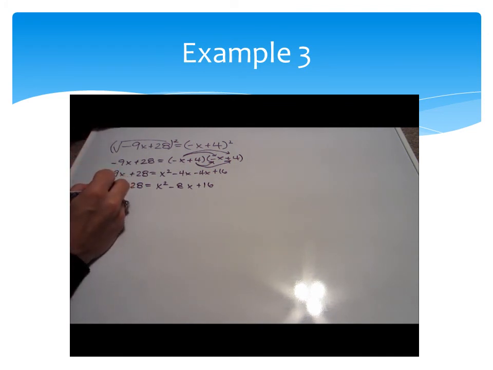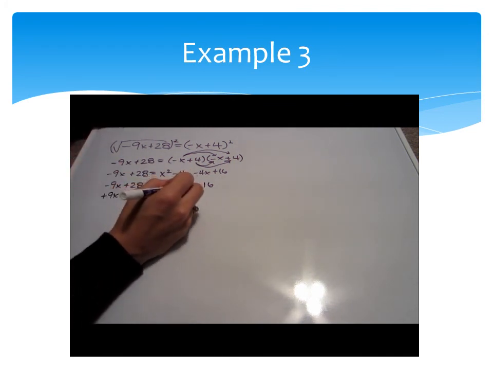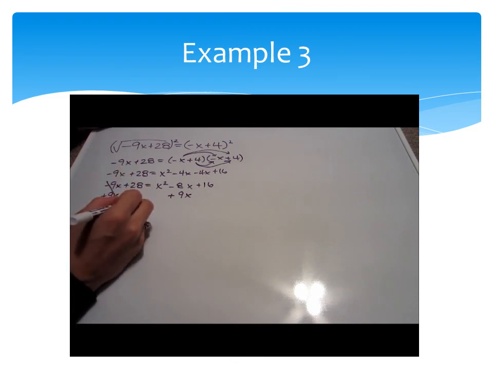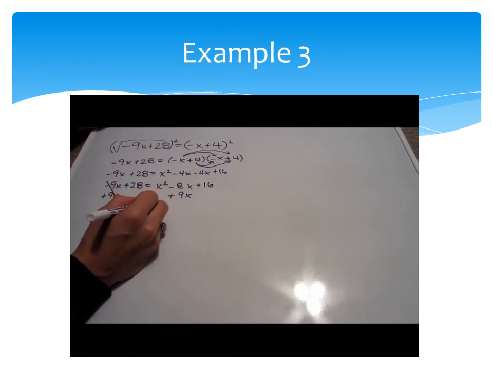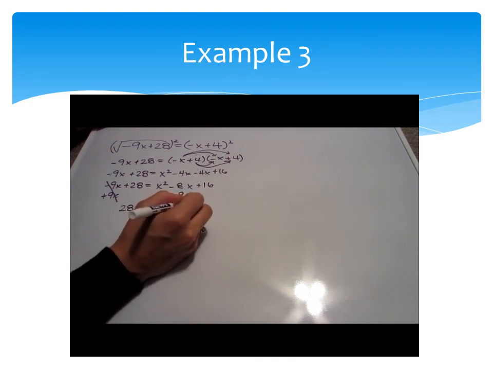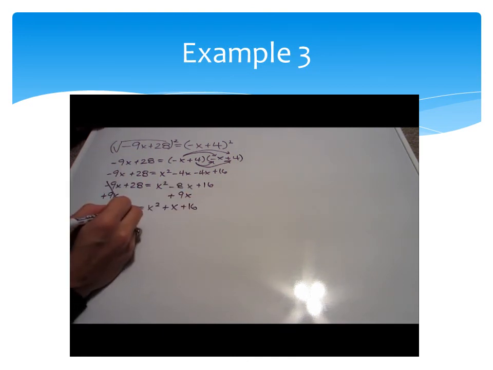Now we're going to move the 9x to the other side. Since it's a negative 9x, we need to add 9x to both sides, and we add it to the -8x because that's where you have the like terms. So we get 28 = x² + 1x, or x, + 16.